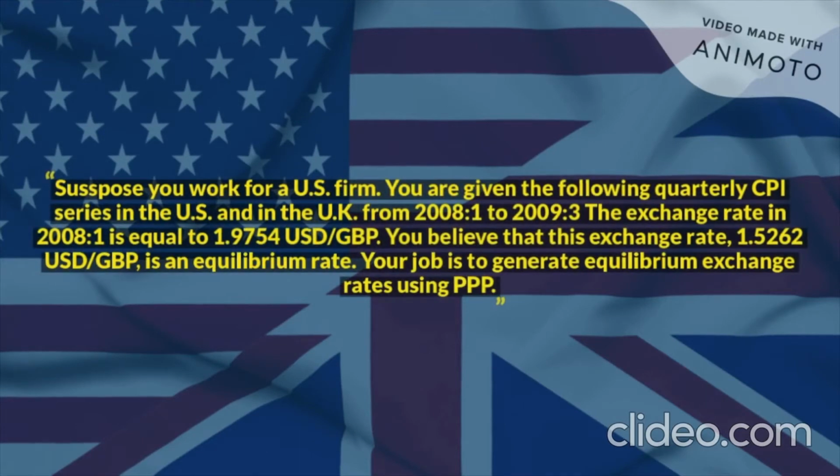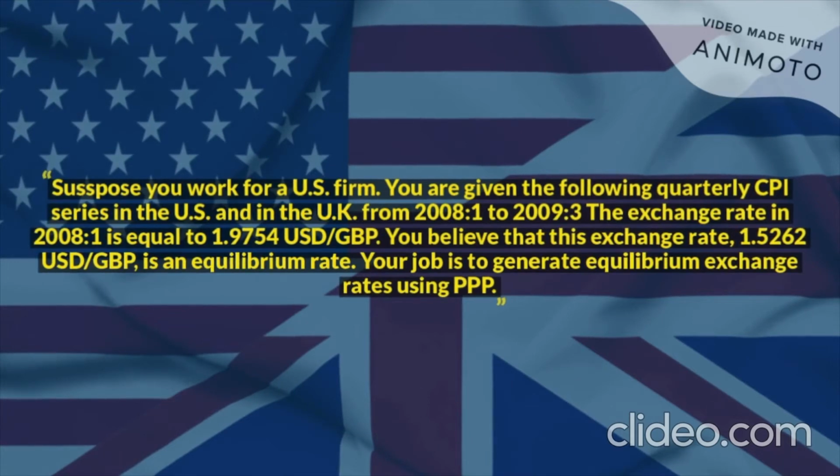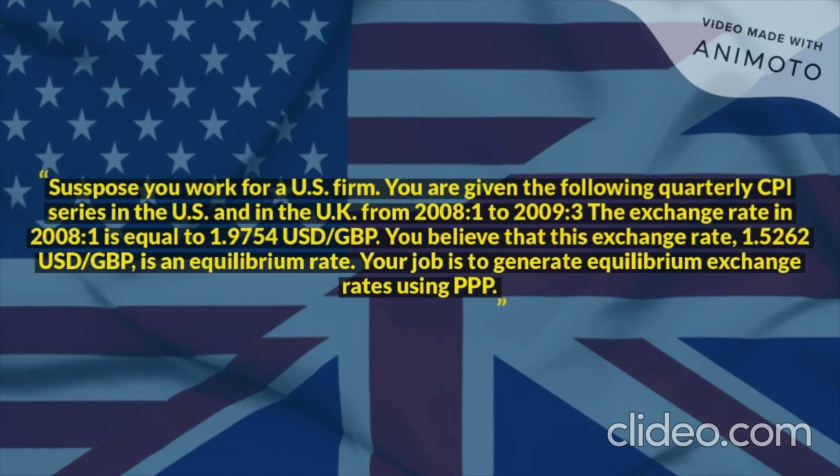Suppose you work for a United States firm. You are given the following quarterly CPI series in the United States and in the United Kingdom from 2008 quarter 1 to 2009 quarter 3. The exchange rate in 2008 quarter 1 is equal to 1.9754 US dollars per British pound sterling.